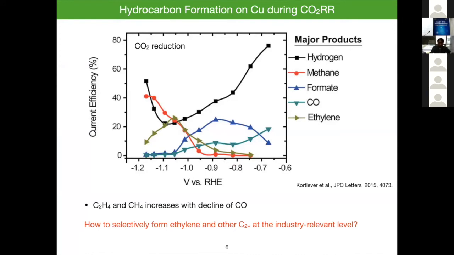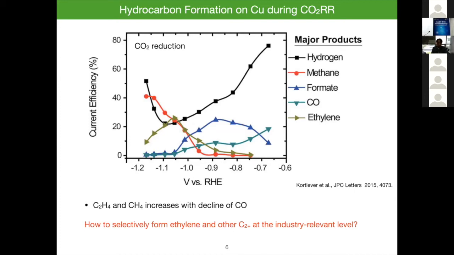As you can see here, at low overpotential, since this reaction occurs in water, hydrogen evolution is dominant. But with increasing overpotential, initially formate and CO, the C1 products, evolve, and then ethylene peaks out at about 25%.